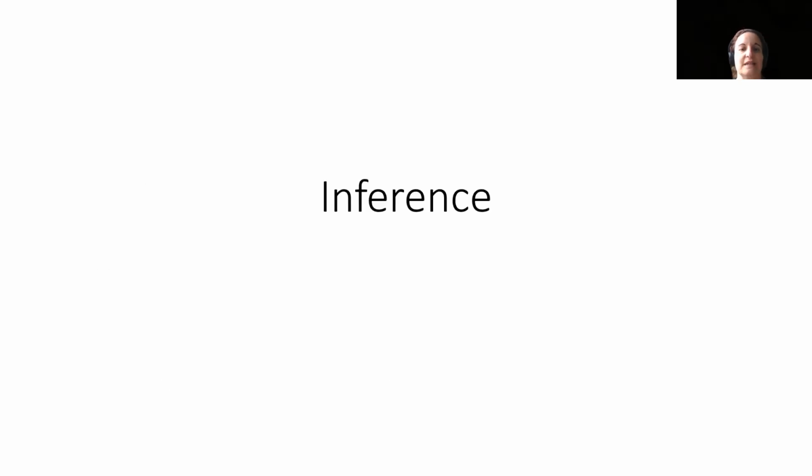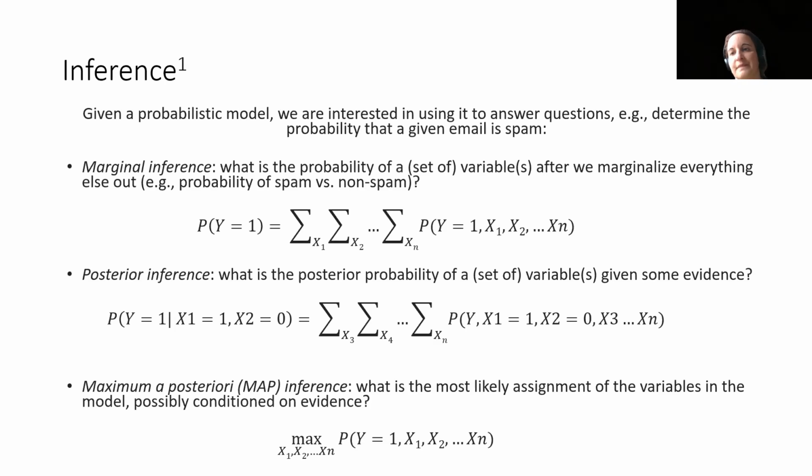So as we said, we'll start with inference. Excuse me, let me move this a little bit here. So inference. Given a probabilistic model, we are interested in using it to answer questions. For example, in the previous lecture, we talked about a probabilistic model that gives you the probability of a given email being spam, given some input, and the input that we had there was the text of the email.